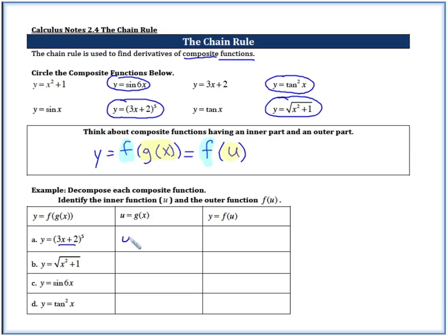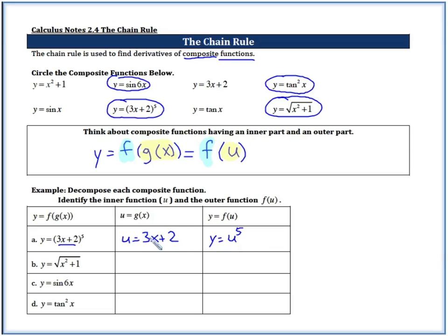So we're going to let u equal 3x plus 2. Now if we want to write y as a function in terms of u, this is really u to the fifth power. So we're going to write y equals u to the fifth power.